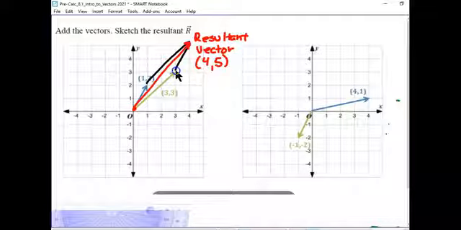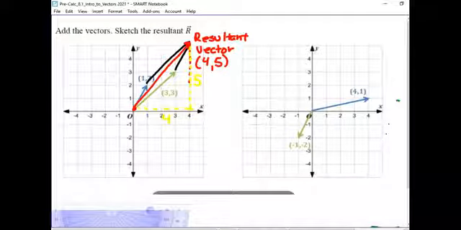Okay, but the magnitude is just the length. So one way I can find the length is, of course, by doing the Pythagorean theorem. So this is about 4 this way, 5 this way.